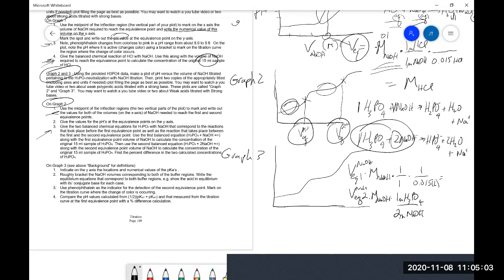And so even though it's double the volume here, it gets halved because of the ratio. And when I divide that by the volume that was titrated, I'm going to get approximately the same value for the concentration of H3PO4.